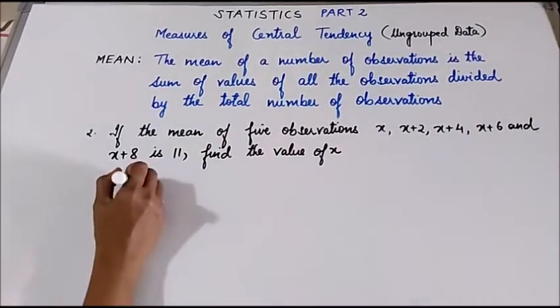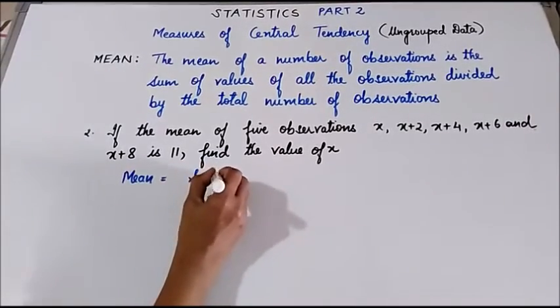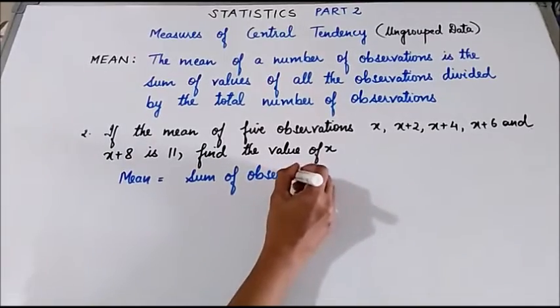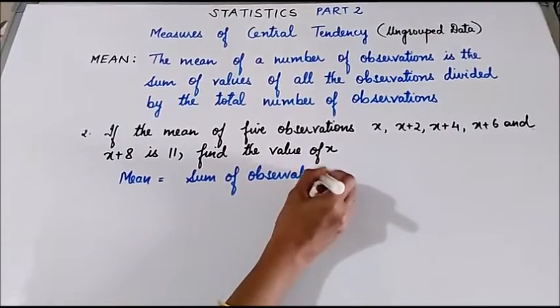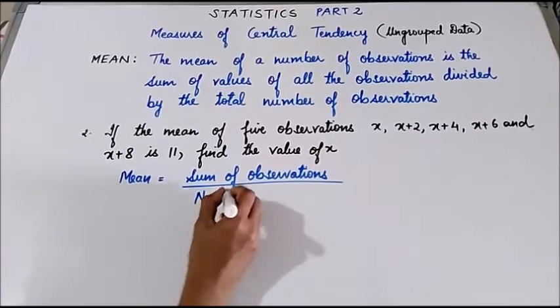Now we have mean is equal to the sum of observations divided by the total number of observations.